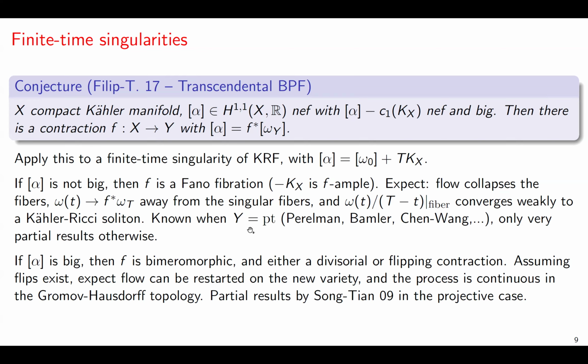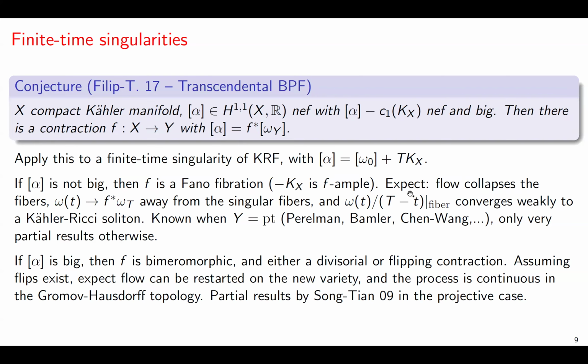And then again, you have two cases. So assuming that you have this, you obtain this contraction F, and the two cases are the same as before. If the limiting class is not big, then this F would be a Fano fibration here, meaning that minus Kx is relatively ample, because as I said, you have Kähler here. And this is the analog of the P1 bundle from before, right?